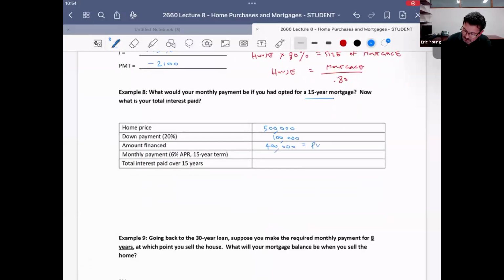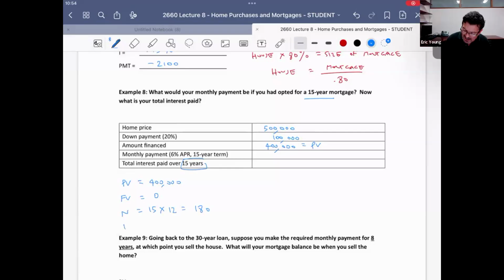And that's going to be our PV. In this case, our PV is going to be 400,000. We know that our future value, we're going to pay the loan off, is going to be 0. We know that our N this time is going to be 15 years, so it's going to be 15 times 12, or 180.